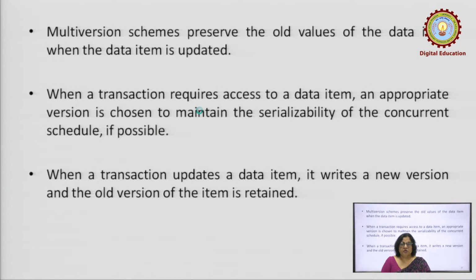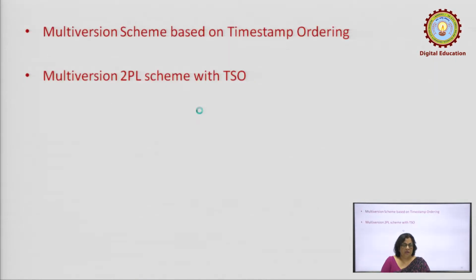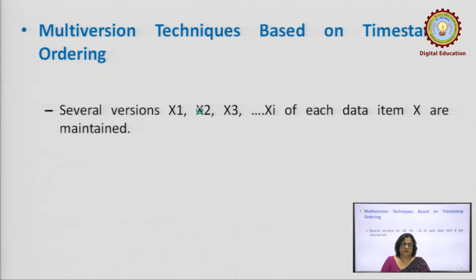When the transaction updates the data item, it writes a new version and the old version is retained in the system. We will study two multi-version schemes. First is the multi-version scheme based on timestamp ordering, and the second is the multi-version two-phase locking scheme with timestamp ordering. First, let us take up the multi-version technique based on timestamp.